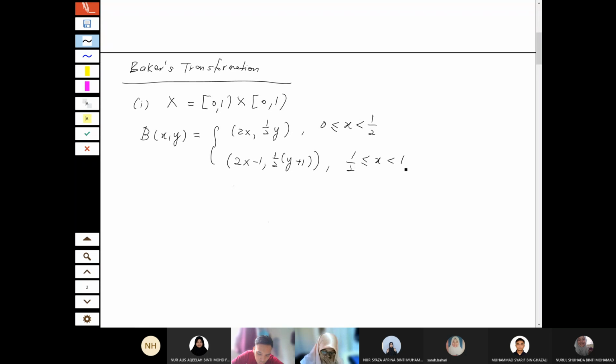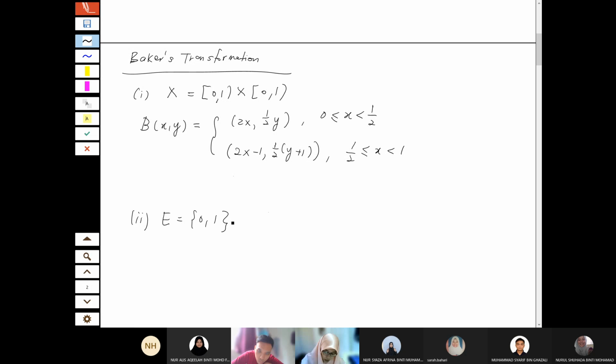Now, the second transformation: we consider the Bernoulli shift, but in a double-sided sequence. Again, we have the set {0, 1}, and we define the Bernoulli measure, so v0 is equal to 1 over 2 and v1 is equal to 1 over 2.